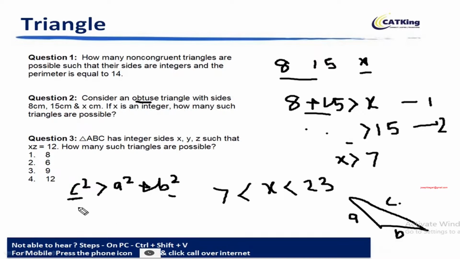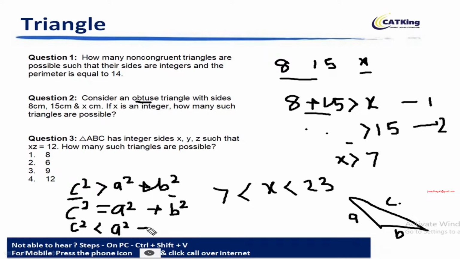And we know for a right angle triangle, this c square value is equal to a square plus b square. This is also known as the Pythagoras theorem. So these are the properties which differentiate between these three types of triangles. This is for a right angle triangle, and for an acute angle triangle, c square is less than a square plus b square.